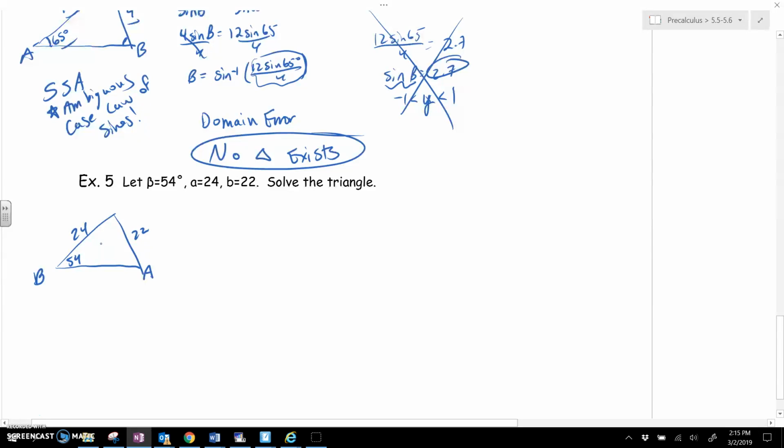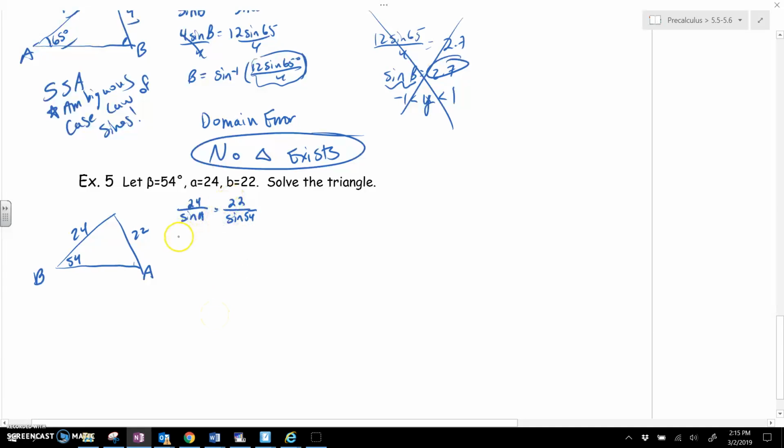Okay, so in this case, I would start the same. I'm trying to find angle A first. So I would do 24 over sine of A equals 22 over sine of 54.